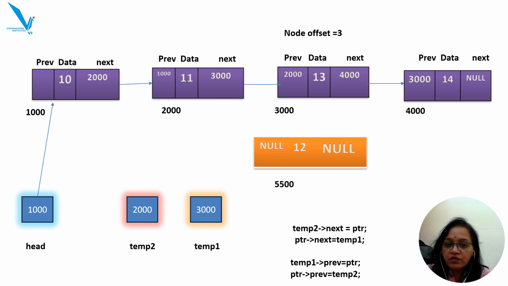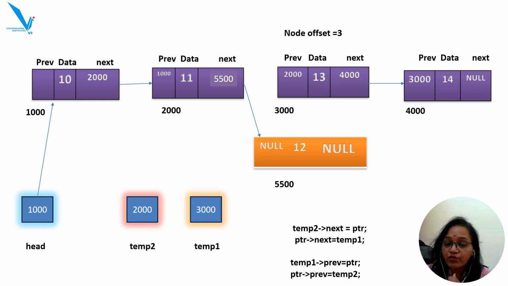Now instead of 3000, it should contain the value of the pointer address. What is the address? 5500. So let's update it to 5500. Once you update it, it will start pointing to the new node. Okay, the link will be established between the second node and the new node. Your new node is added at third position.